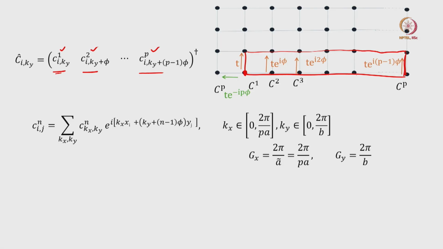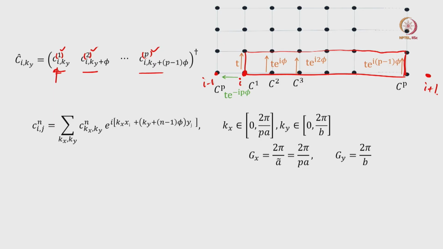So C1 here corresponds to the first one, C2, C3. Now this I is a tricky I. This is the I, and this unit cell will be I plus 1, and this one will be I minus 1.